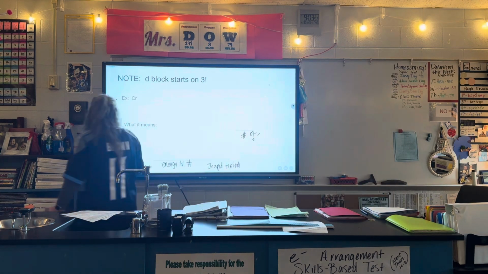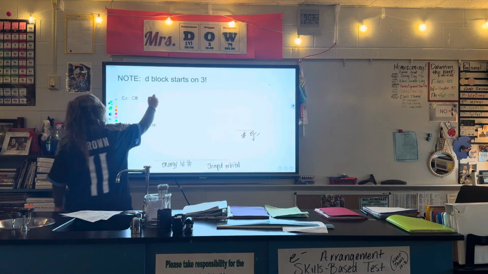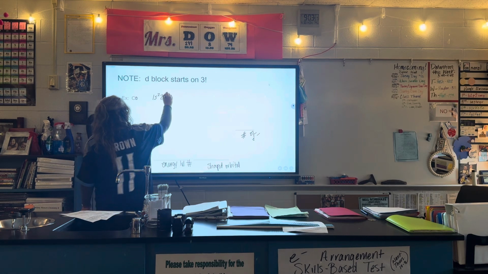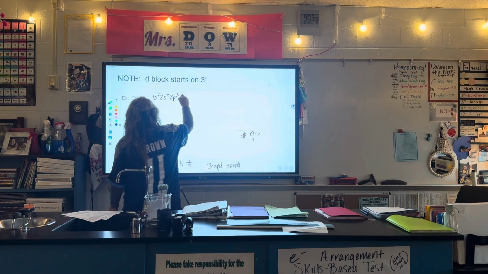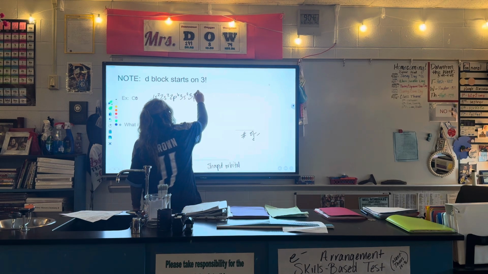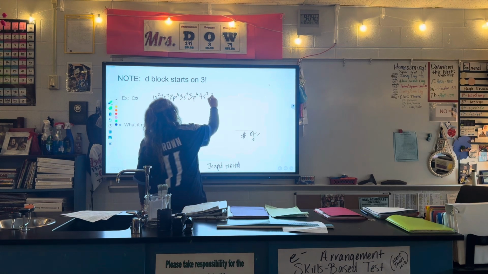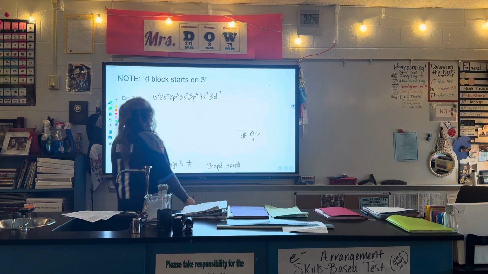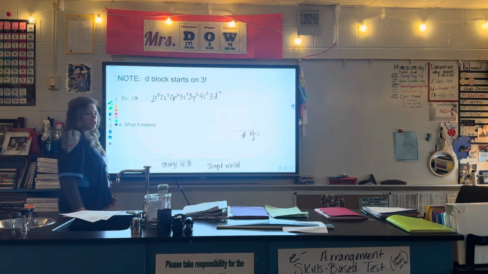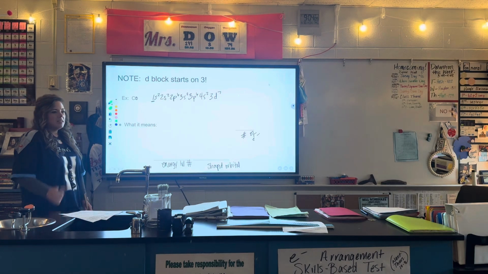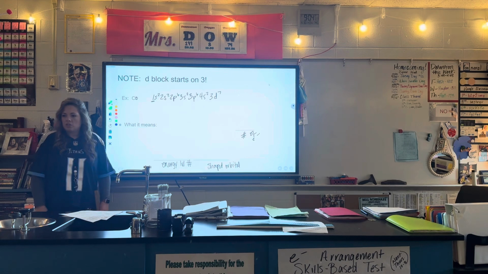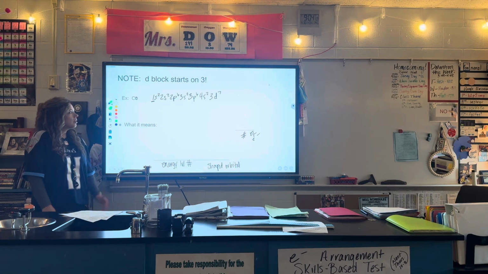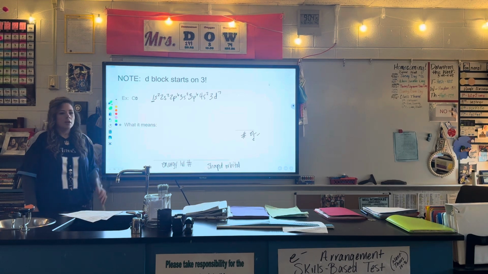All right, so we had cobalt, which was 1s squared, 2s squared, 2p6, 3s squared, 3p6, 4s squared, 3d7. All right. First energy level has an s orbital with how many electrons? 2.